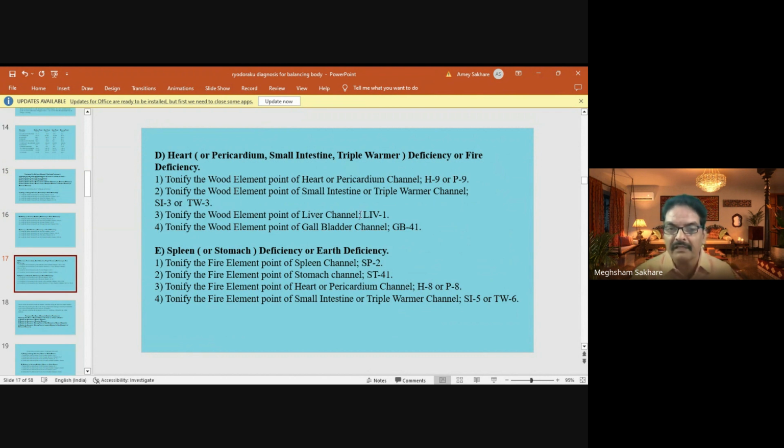Tonify the mother element of the mother point, that is wood, the mother channel of the fire element, that is Liver 1 and GB41. They should be tonified.